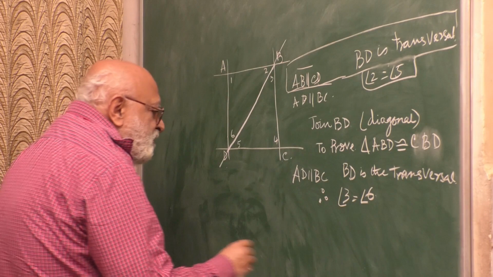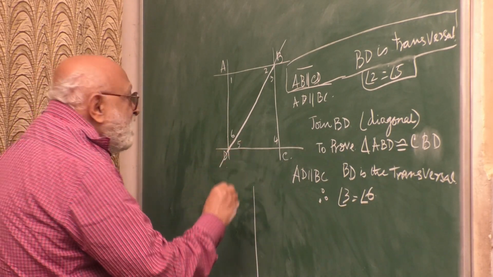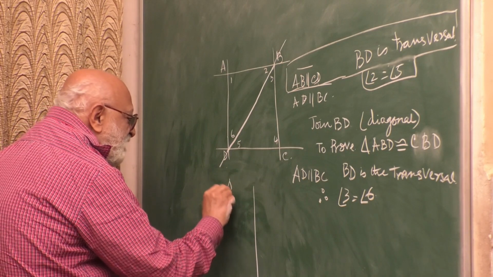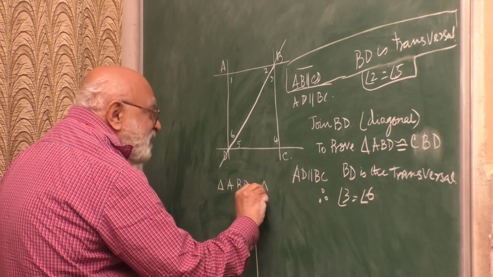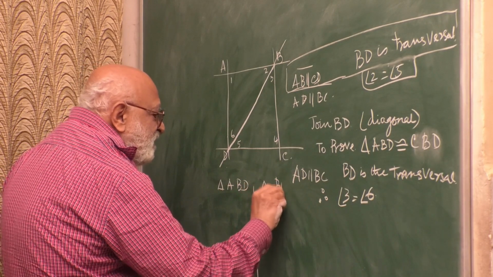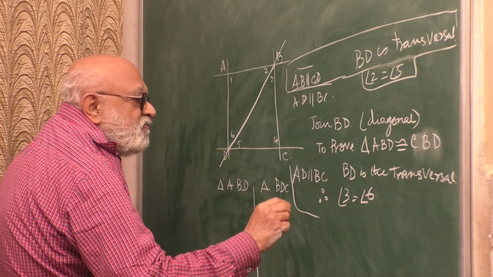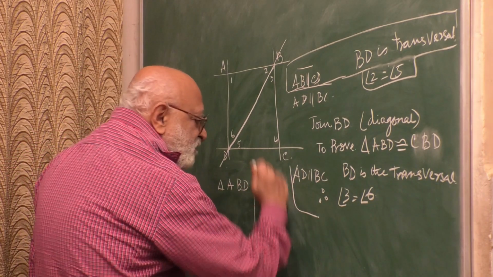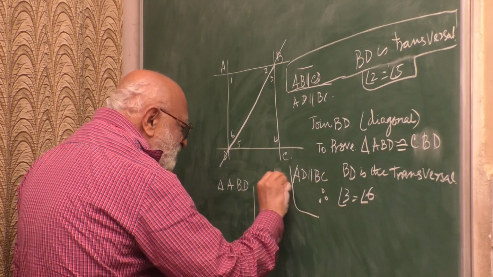So we have now two triangles: triangle ABD and triangle CBD.